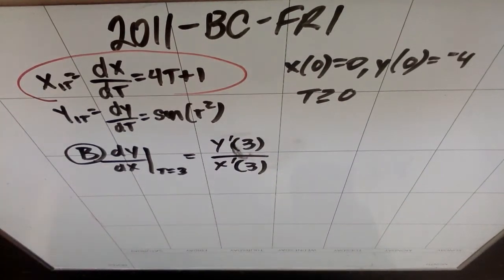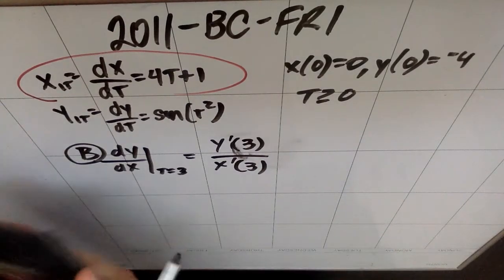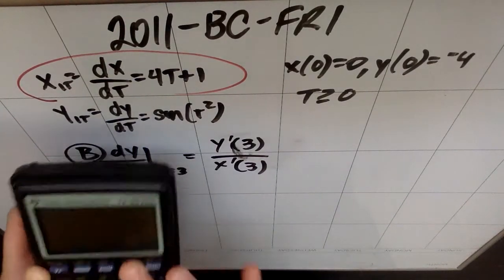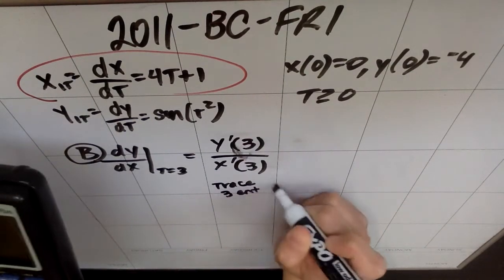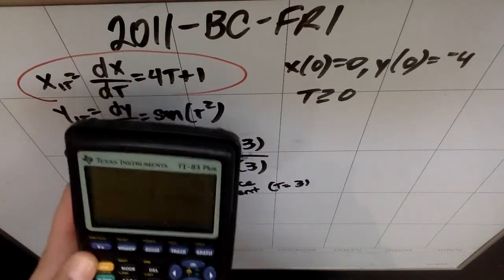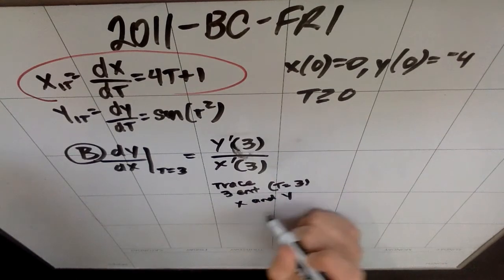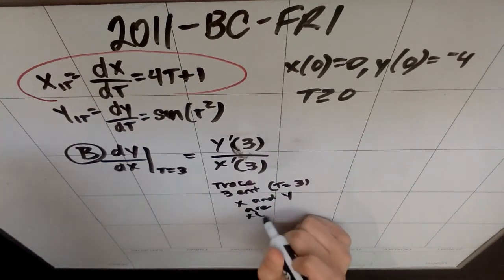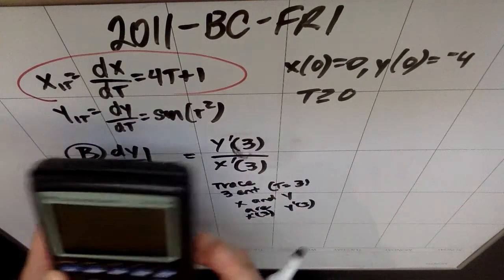There are two ways to find these things, right? You already actually used these once, but we saw the easy way to find this before. If I go to my graph and I just hit trace and then 3, enter, because that'll be t is 3, I'm going to get an x and y value. So now x and y are x prime of 3 and y prime of 3 respectively, because x prime and y prime are what I put in.